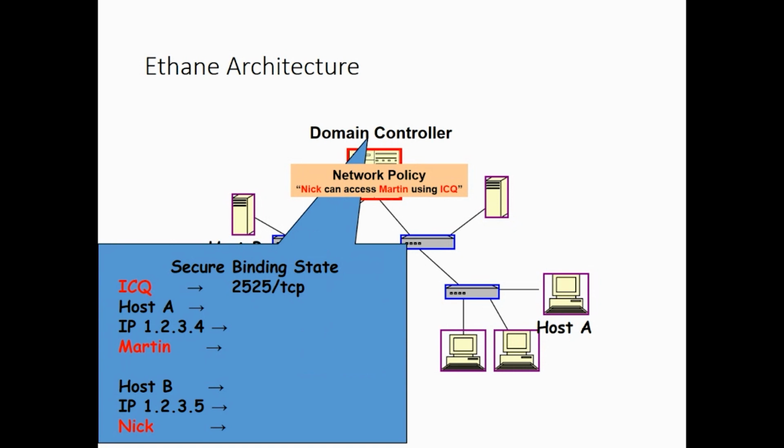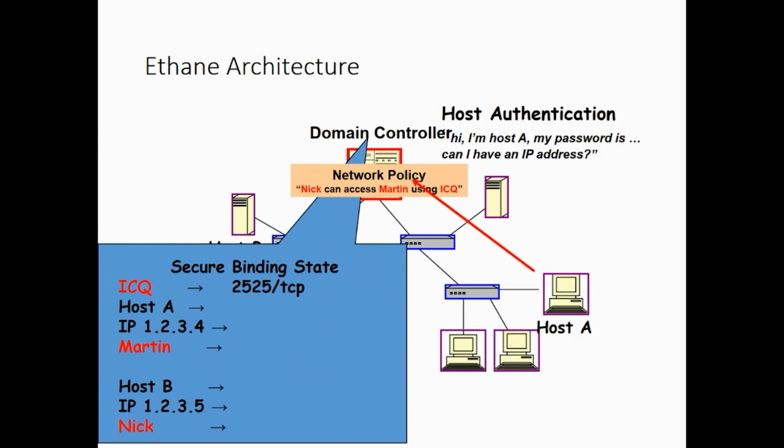Host A defines that they have a secure binding state to the domain controller, and asks the domain controller, hi, I'm host A. They should provide an authentication technique, either a PIN number or a password, and request an IP address.